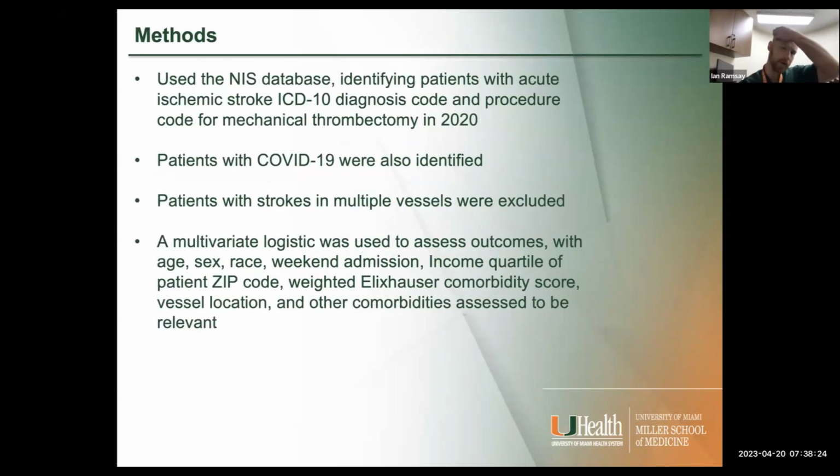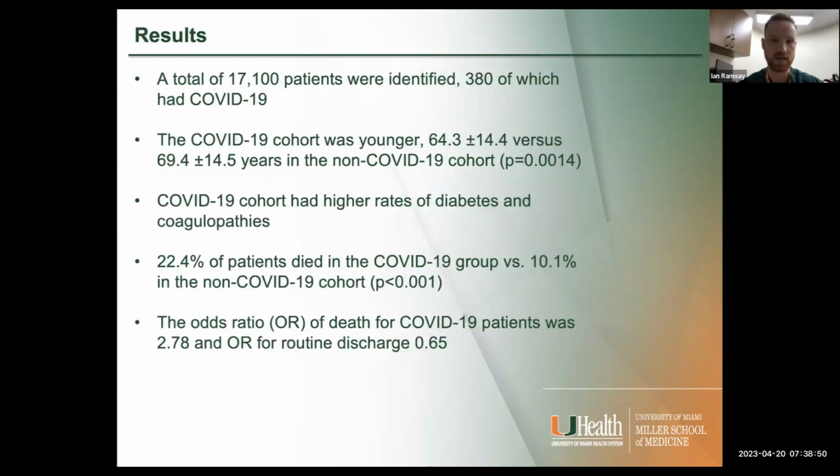There's no specific diagnosis code for large vessel occlusion stroke, so we defined it as a concurrent ICD-10 code for ischemic stroke, and also a procedure code for mechanical thrombectomy. And we excluded patients with codes for multiple vessels because we wanted to take that out.